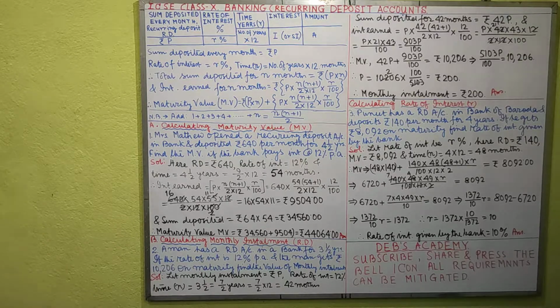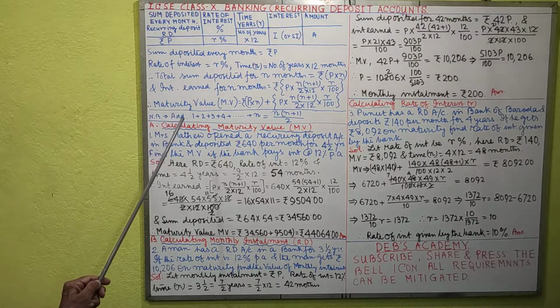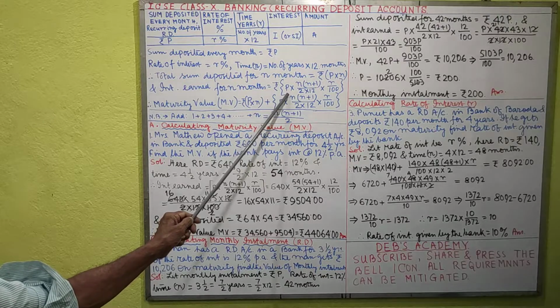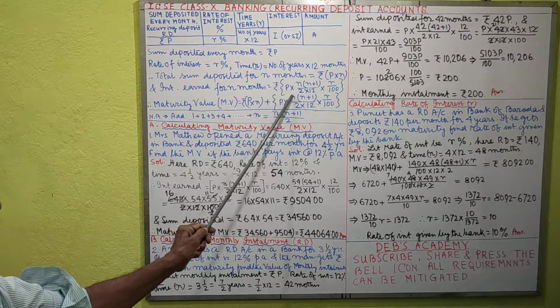The interest is I, and here the amount is denoted as A. If the sum deposited every month is rupees P, rate of interest is R%, time N, N means number of months, that is number of years into 12, then total sum deposited for N months will be P into N. This will be returned to the person after maturation, and at the time of maturation he also will get the interest earned for the N months, which is given by this formula.